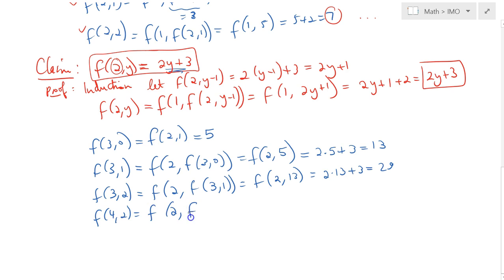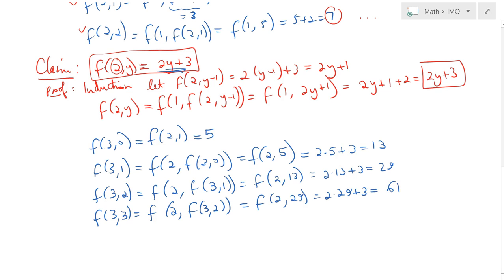Let's keep doing this until we can see something. Oh, I was taken by the moment. So that's f of 3, 3, and as a result we have f of 3, 2 here, which we previously calculated as 29, and that's just 2y, so 2 times 29 plus 3, which is 61.